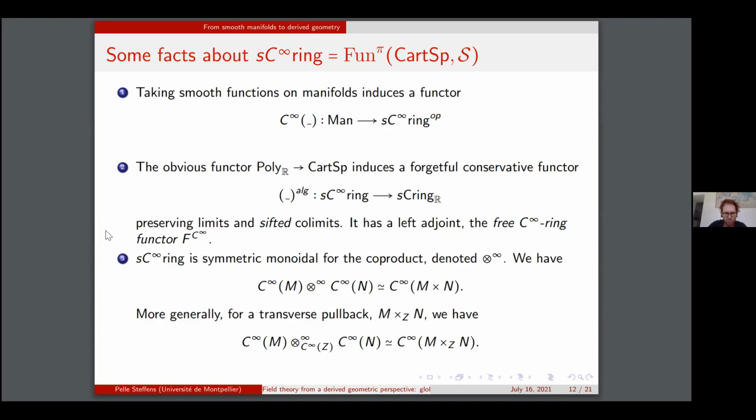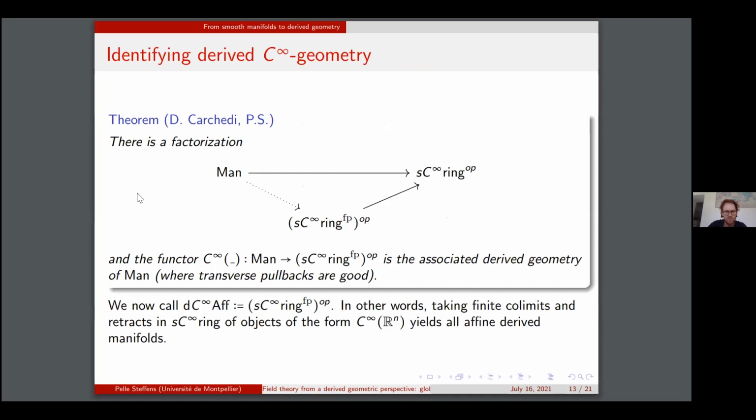But once one has proven this, it is not very hard to show that you can characterize the full subcategory of these simplicial C-infinity rings on the ones that are finitely presented as the associated derived geometry of the category of manifolds with these good transverse pullbacks.